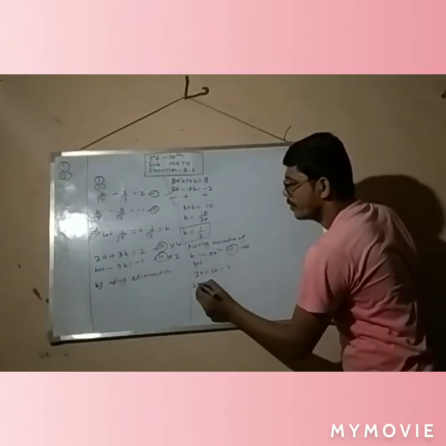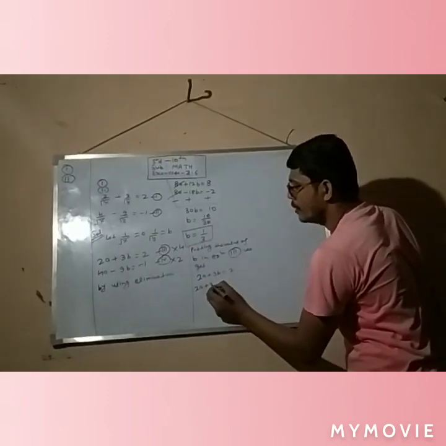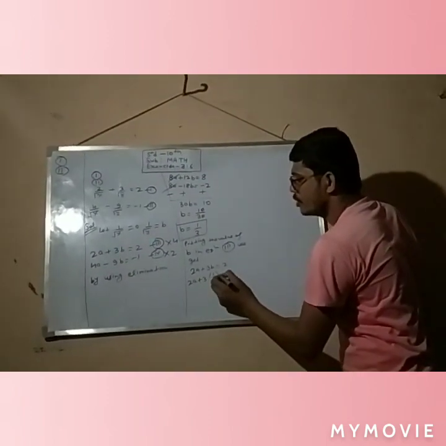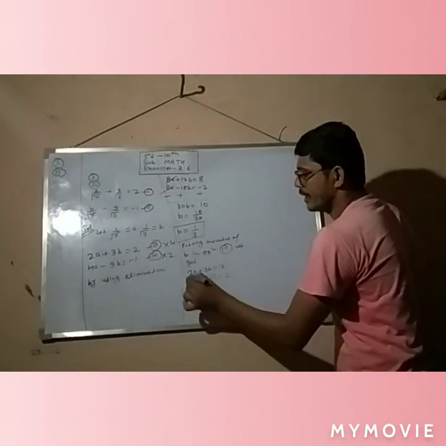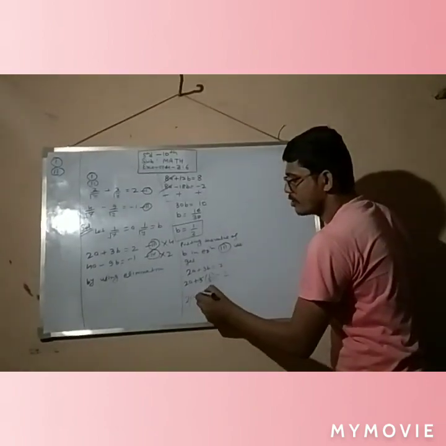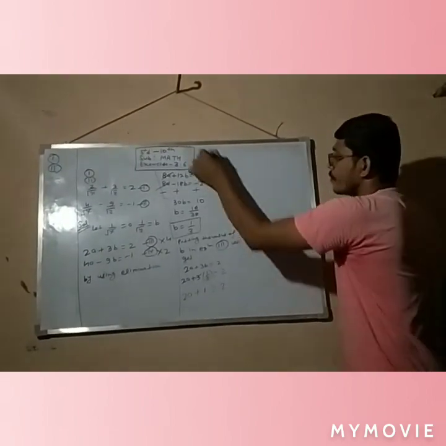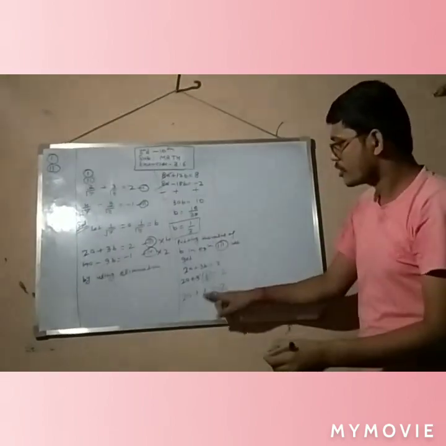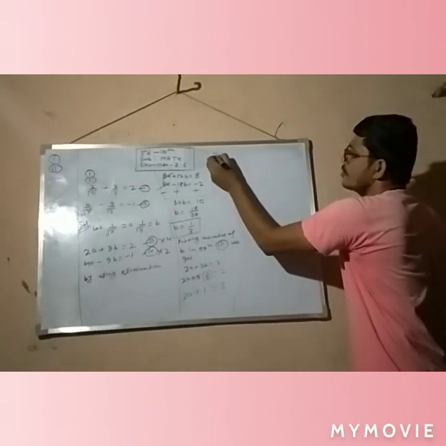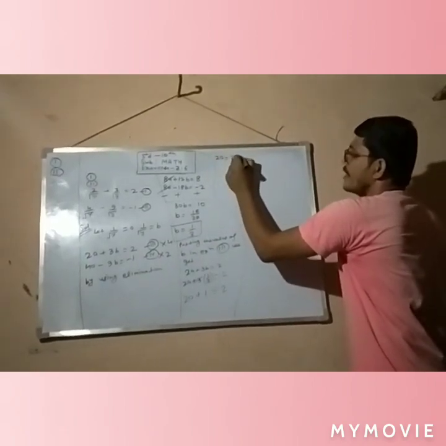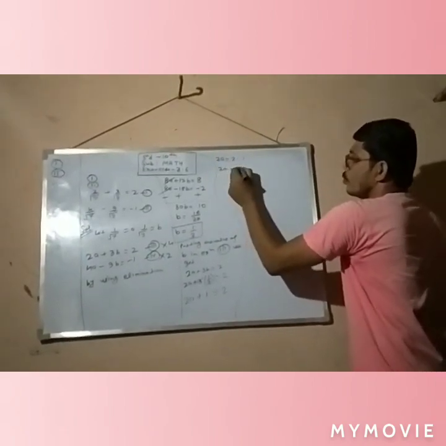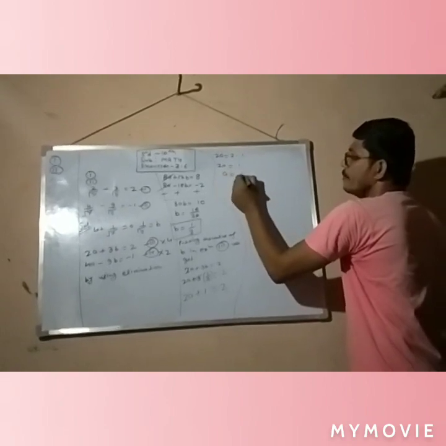Now with the value of b as 1 by 3, the 3 cancels out, so we can write 2a + 1 is equal to 2. Transferring to the right side, the sign will change, so 2a is equal to 2 minus 1, 2a is equal to 1, a is equal to 1 by 2.